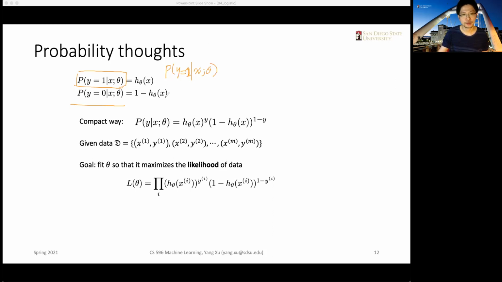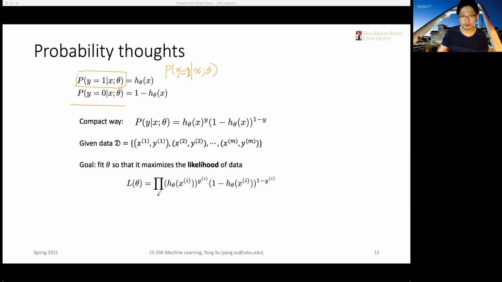Okay, so the likelihood of the data is basically the product of the probabilities for all the data points in the data set.